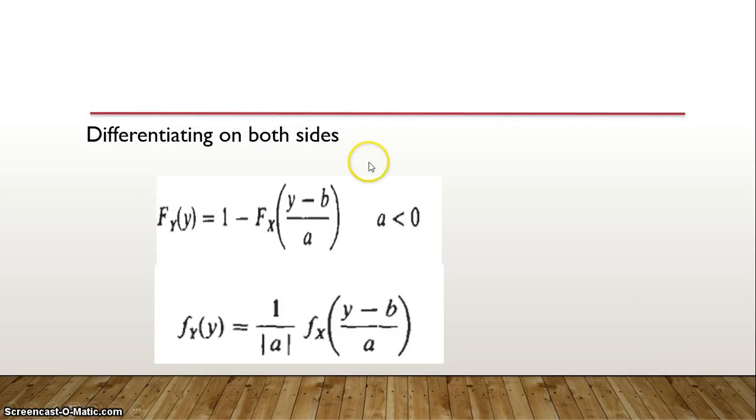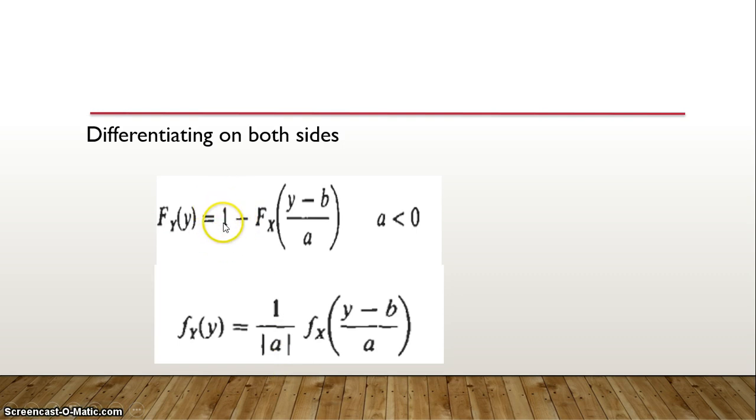If you differentiate on both sides, you will get the density function. So you know capital Fy of y is equal to 1 minus Fx of y minus b by a. If you differentiate, capital Fy of y becomes fy of y. This is a density function which is equal to 1 by mod a. Why is it mod a?